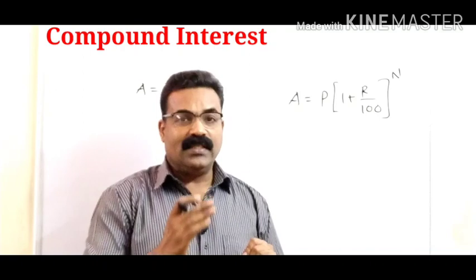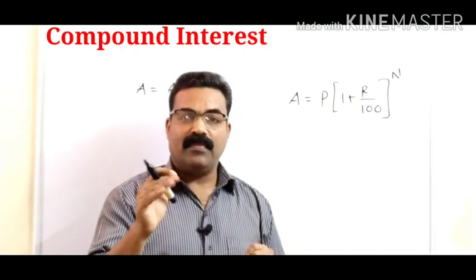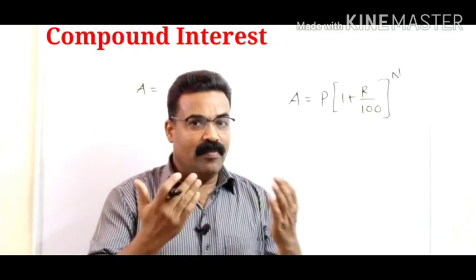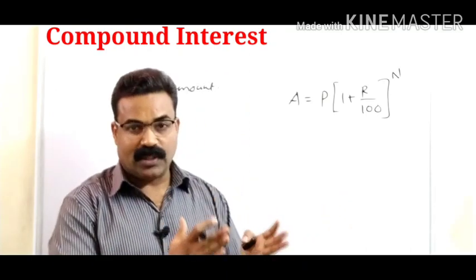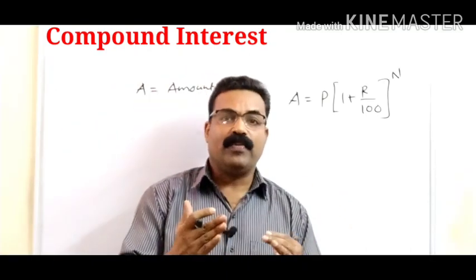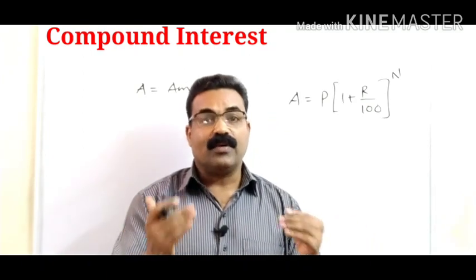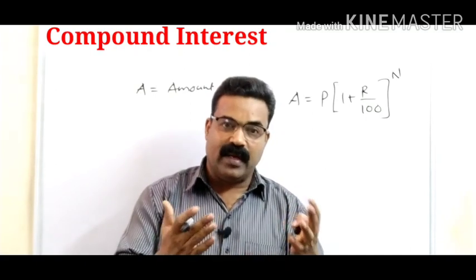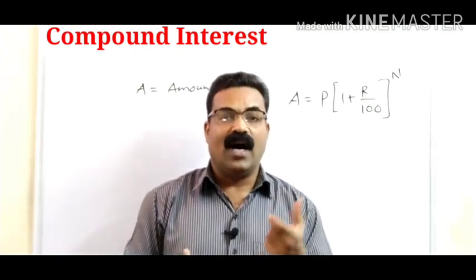What is 8% of 1000? 1000 into 8 divided by 100, so it is 80 rupees. How much will you get back after 1 year? The investment you made, 1000 rupees, plus 80 rupees interest. So 1000 plus 80, 1080 rupees you will get after 1 year. That is the amount you receive after 1 year.